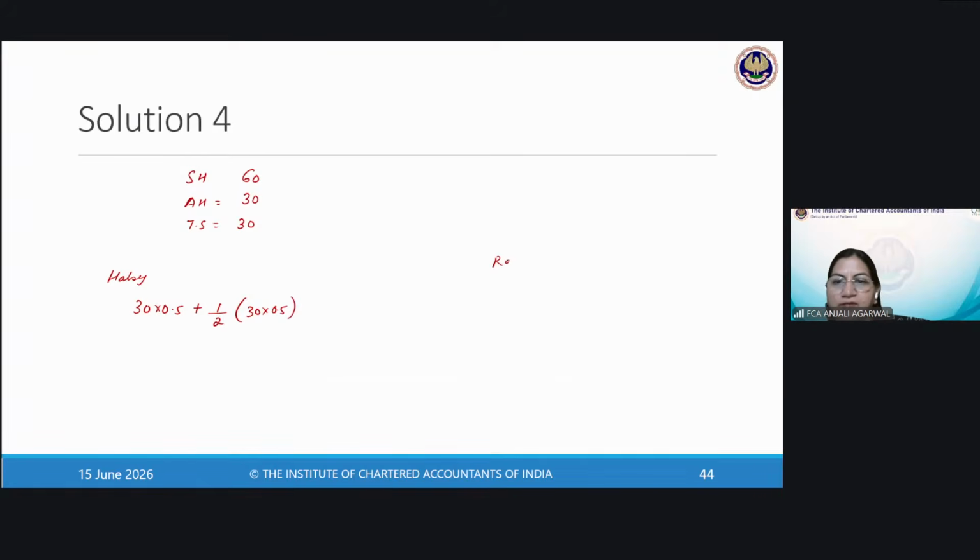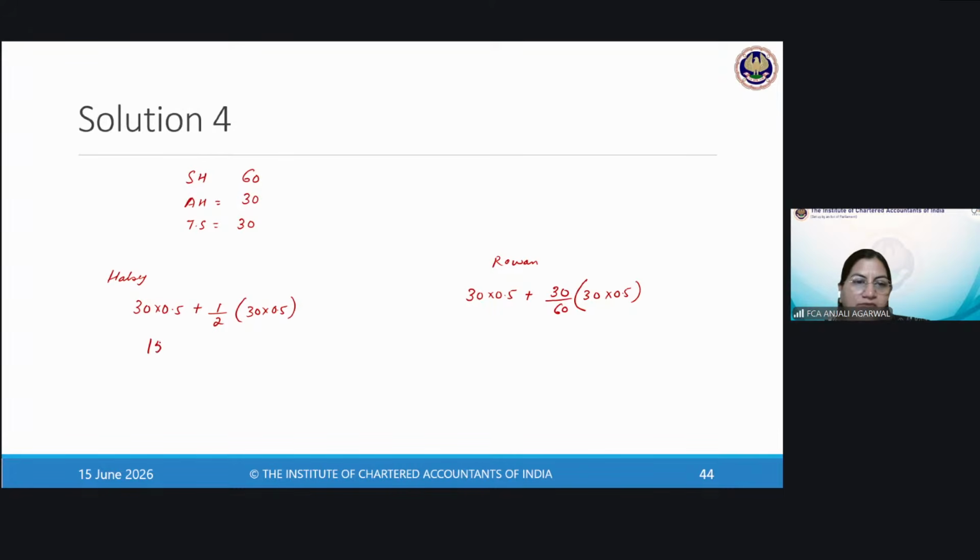What would Rowan have given? 30 into 0.5, plus time saved 30, standard hours 60, into actual hours into hourly rate. So you get the same equation, only instead of 30 by 60, it's written 1 by 2, which is one and the same thing.